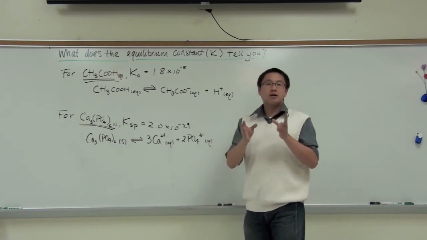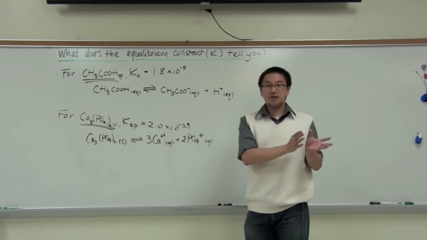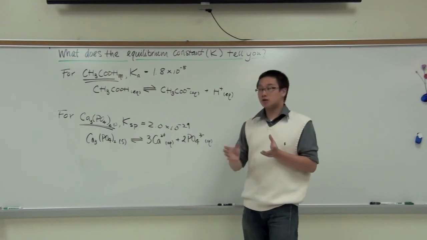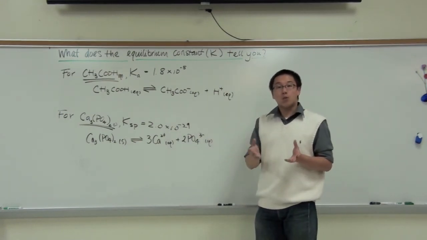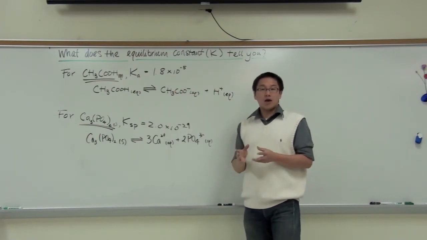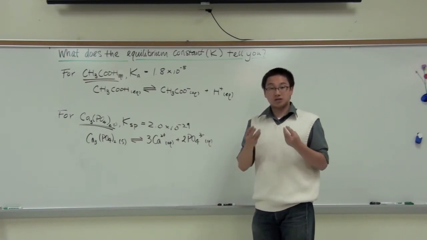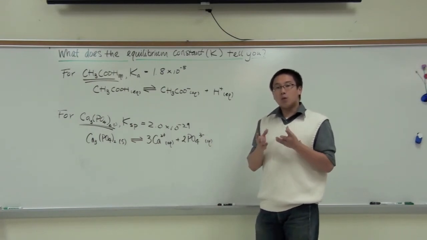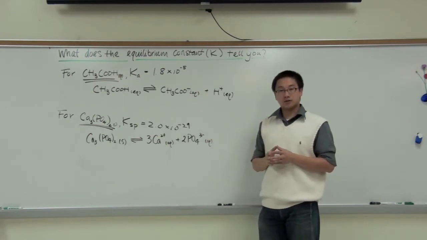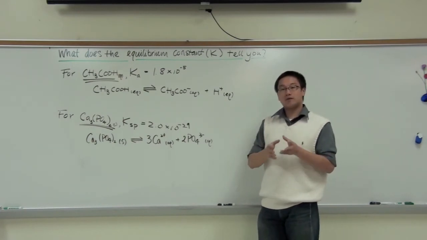If it is completely dissociating, that means we have a lot of ions, and then we will have many products. The concentration of the ions will be huge, and that gives you a very big K value. If you have a slightly dissociating acid, or a weak acid, then we would expect to see a small amount of ions appearing on the product side. And that is going to tell you about the strength of the acid.